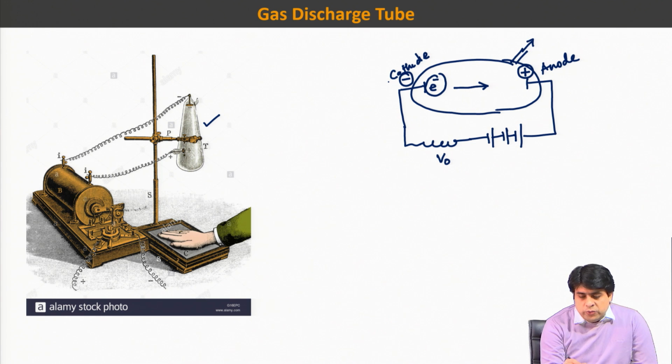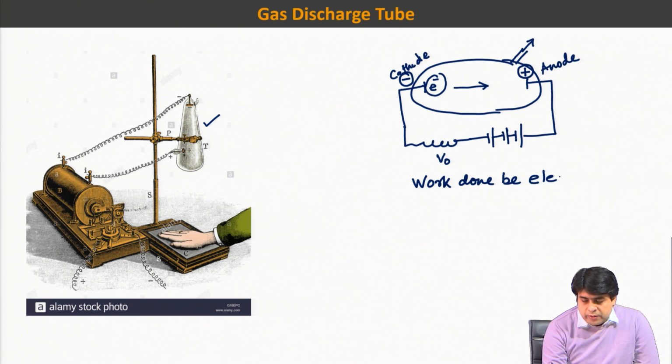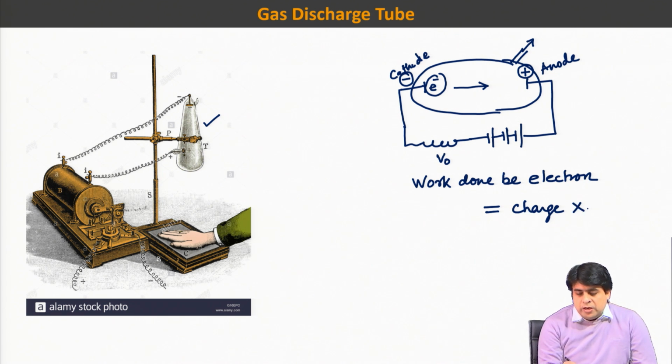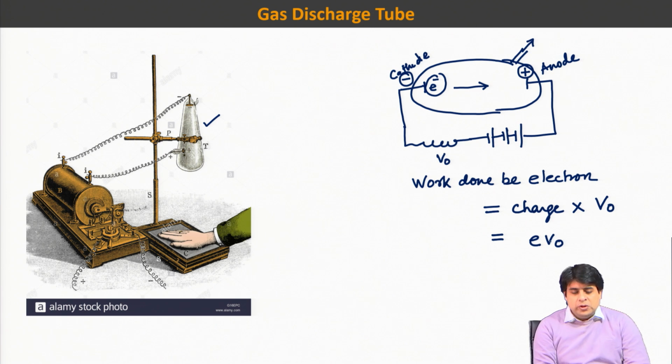When you calculate how much work is done by this electron before reaching the anode, it equals the charge multiplied by the potential difference V0. If the charge is e, the work done is eV0.